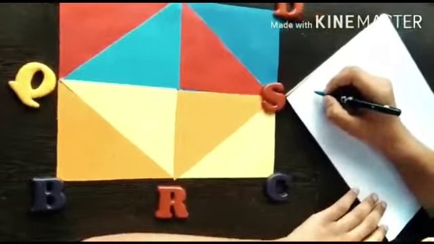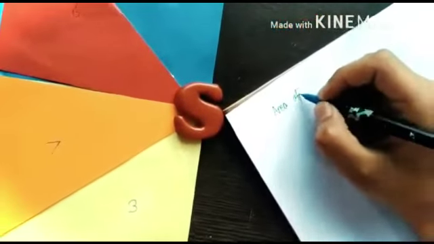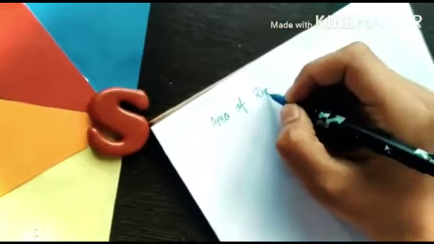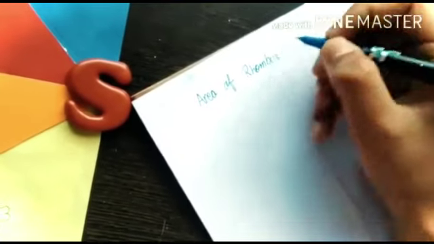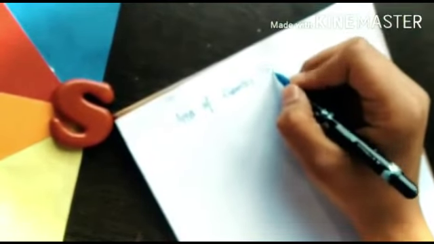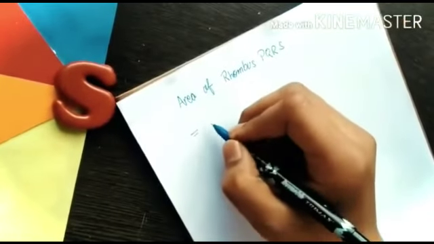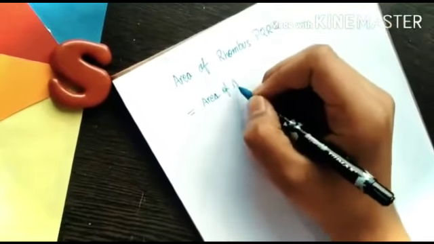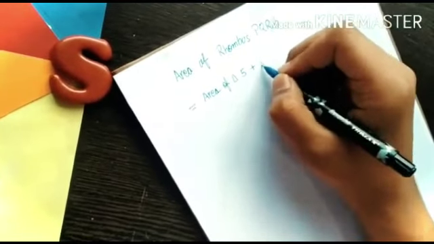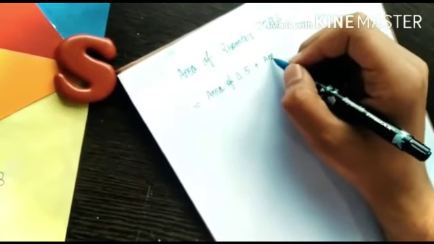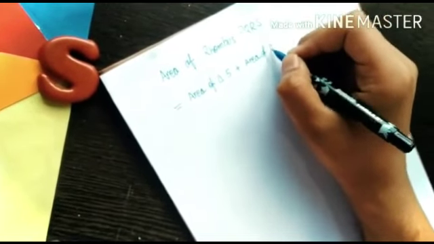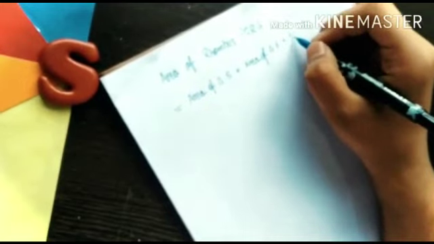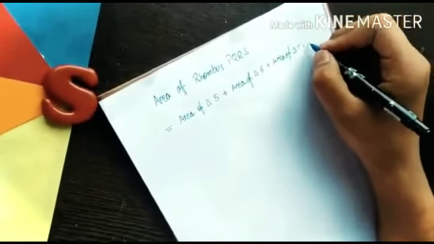So area of rhombus PQRS is equal to area of triangle 5 plus area of triangle 6 plus area of triangle 7 plus area of triangle 8.